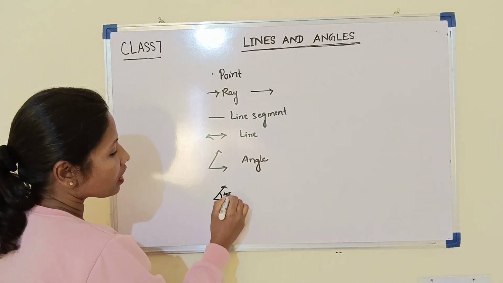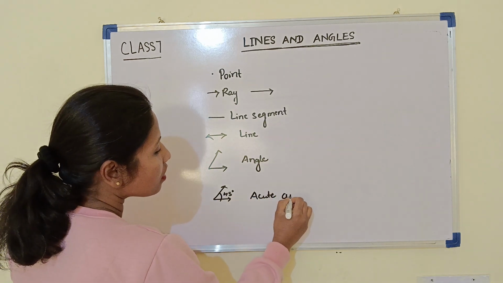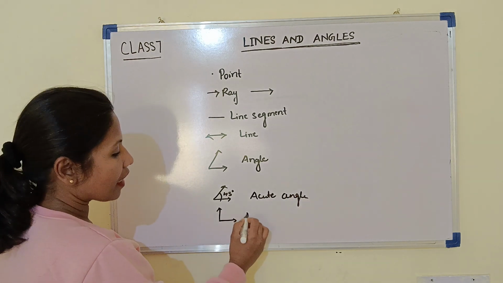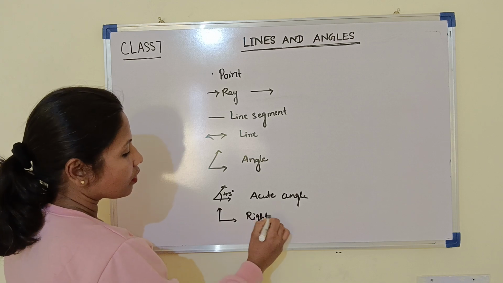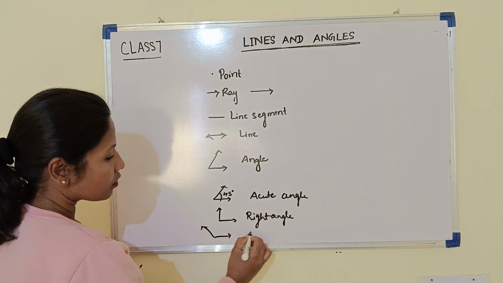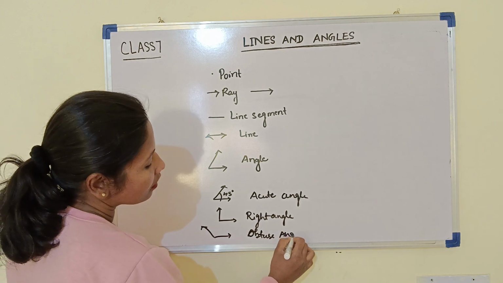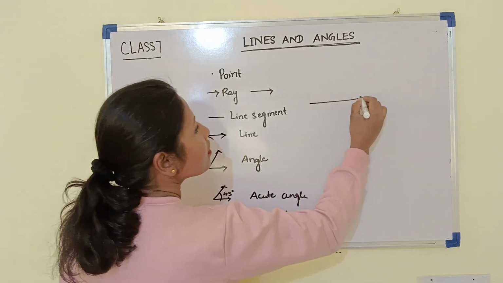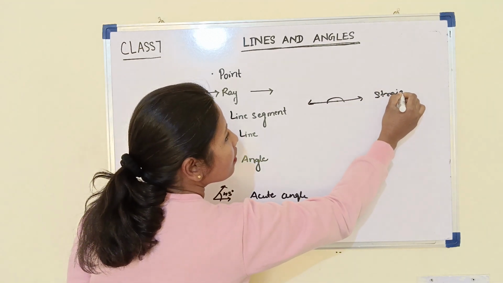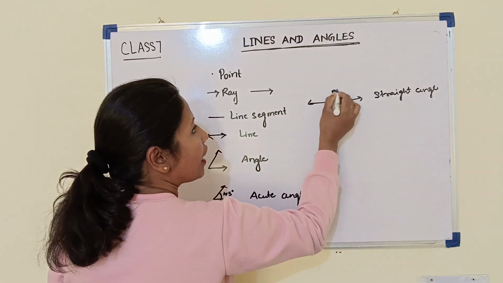Then we have read acute angle like 45 degree, which is less than 90 degree and greater than 0 degree. So we have read acute angle. Then right angle, then obtuse angle, then straight angle, that is of 180 degree.